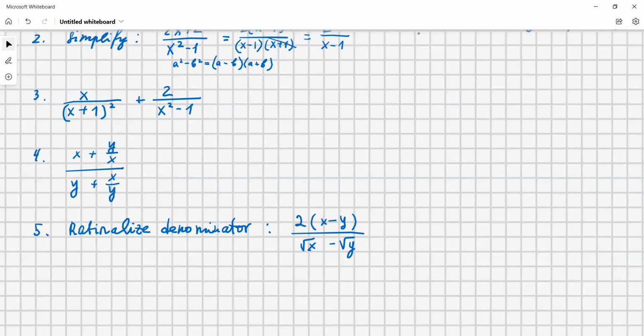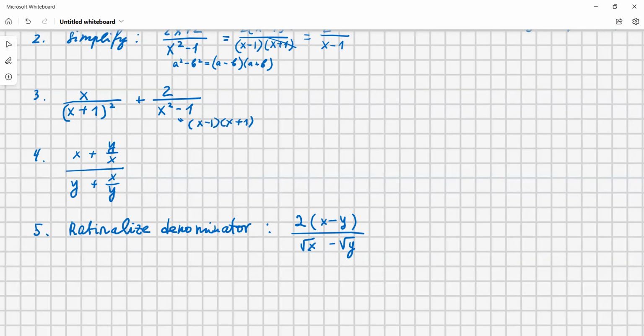The denominator of the first fraction is already factored. It's x plus 1 to the power of 2, which means x plus 1 multiplied by x plus 1. But the denominator of the second fraction is not factored, and I'm going to do this. I'm going to again use the very same formula I used over here and represent this denominator as x minus 1, x plus 1. Now I'm going to compare both denominators.